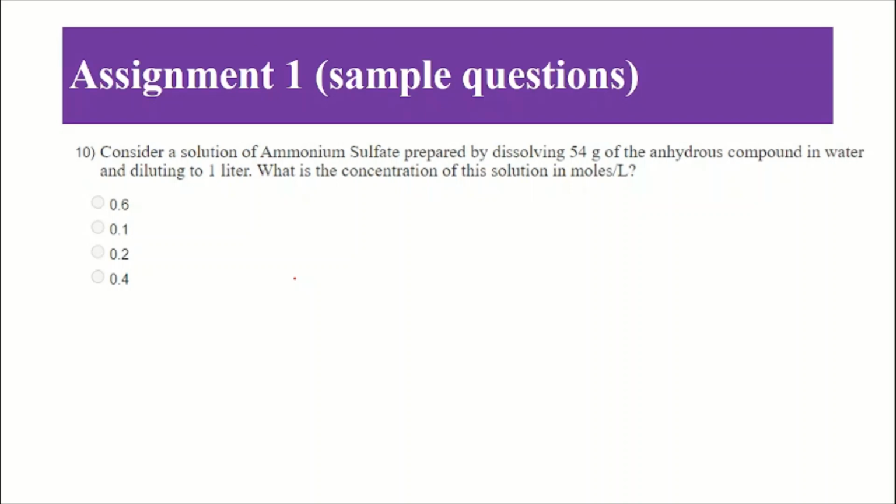So as you know, ammonium sulfate is (NH4)2SO4, and the molecular weight for (NH4)2SO4 is 132 grams per mole.